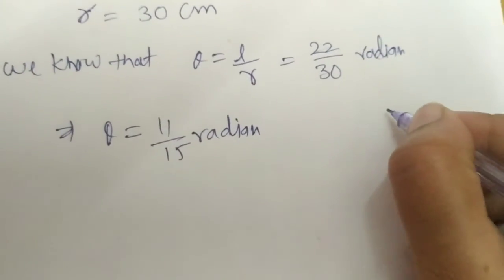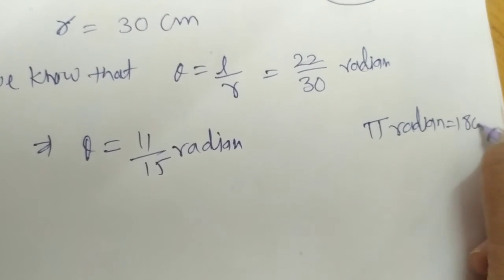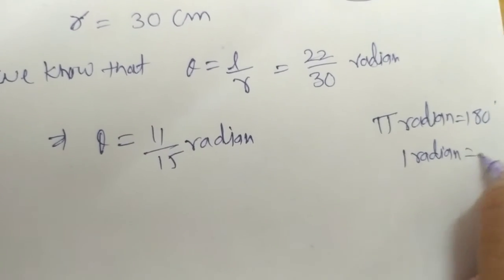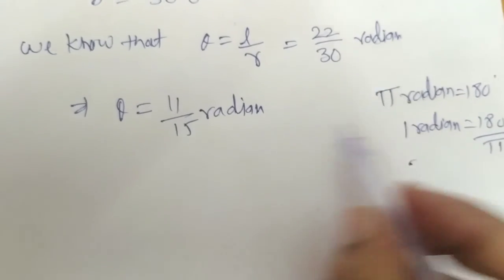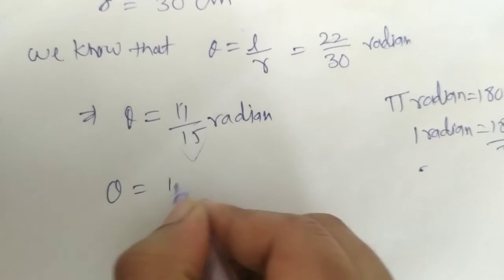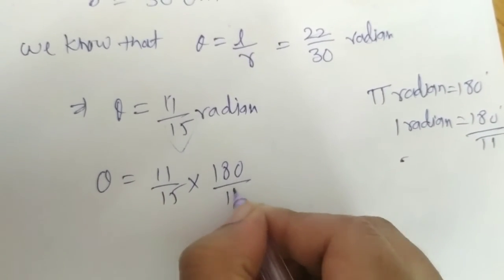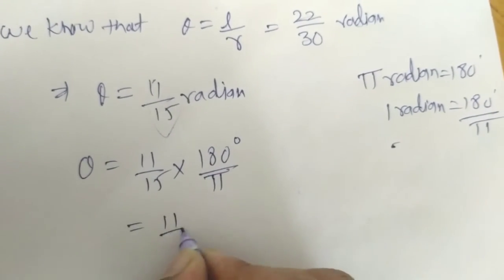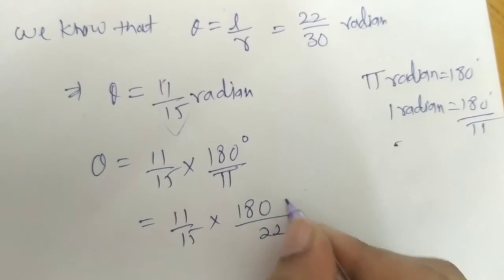So we know that pi radian equals 180 degrees. It means 1 radian will be equal to 180 upon pi. Multiplying both sides by 11 upon 15, we get theta equals 11 upon 15 into 180 upon pi. Putting in the values, 11 upon 15 into 180 upon 22 by 7.